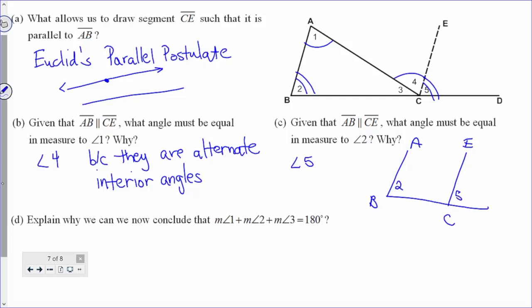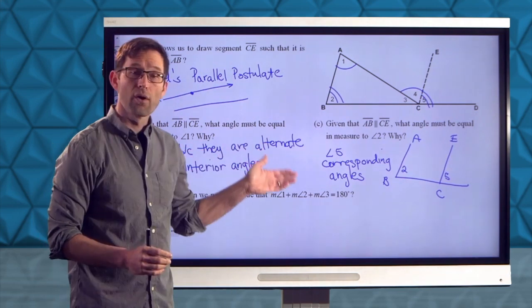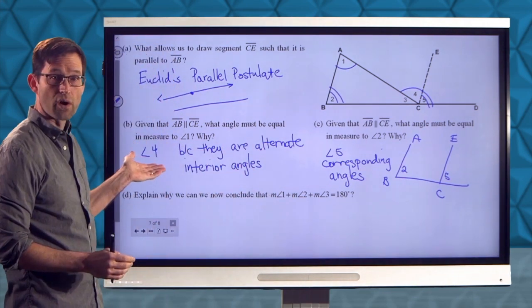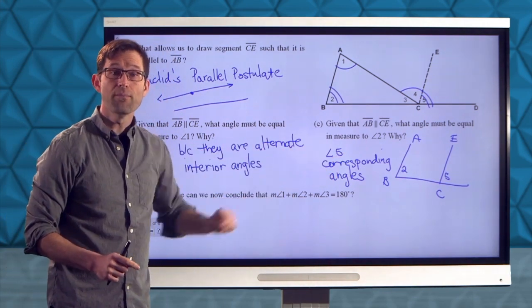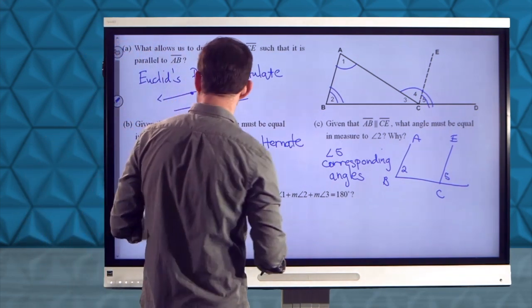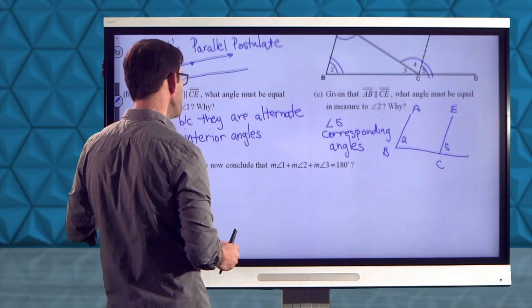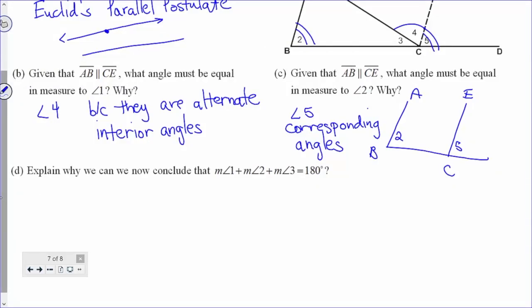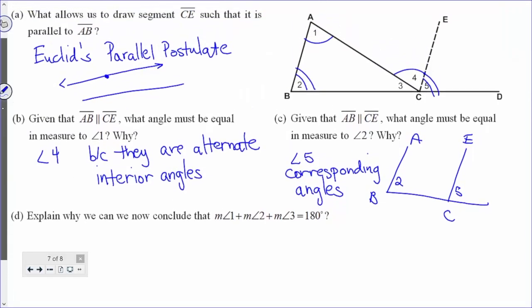And they correspond with each other, so they're corresponding angles. So in the case of letter B, we had alternate interior angles, and in the case of letter C, we had corresponding angles.